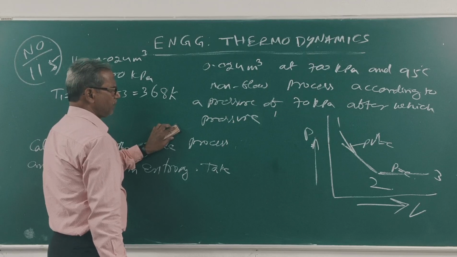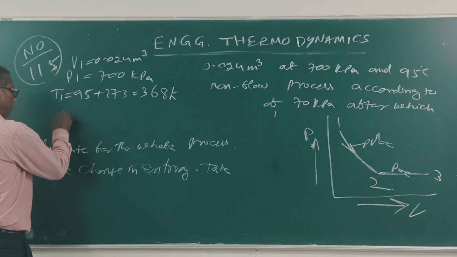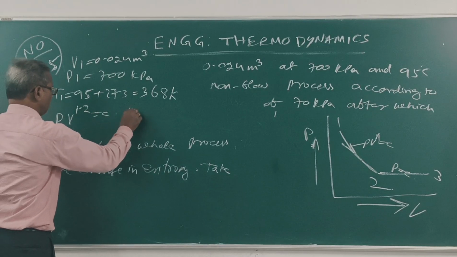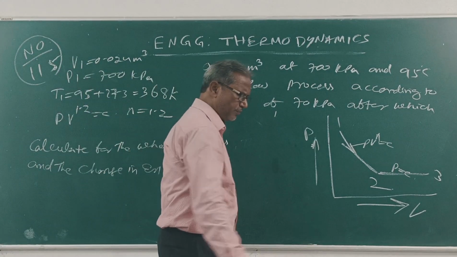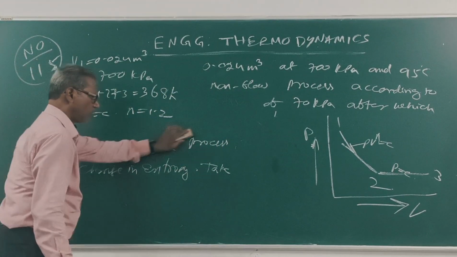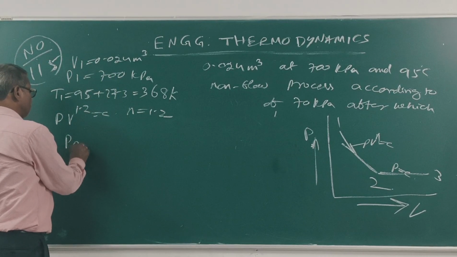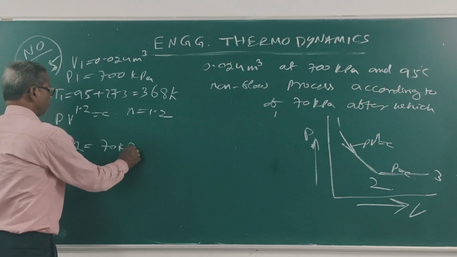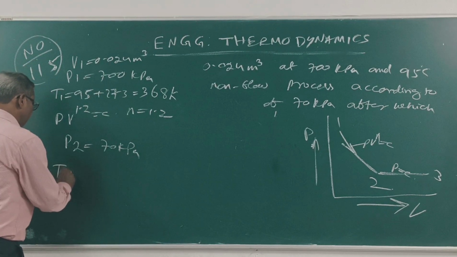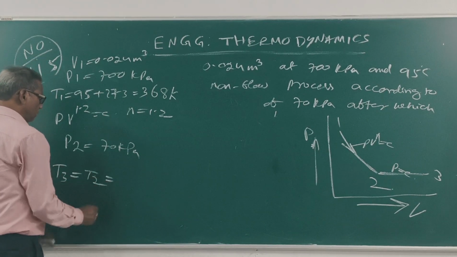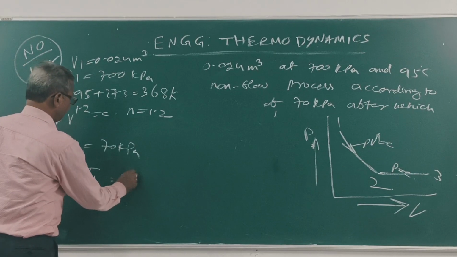According to the law, PV^1.2 constant means polytropic. PV to the power of 1.2 constant means n is equal to 1.2. P2 is equal to 70 kilopascal, and then back to initial temperature means T3 is equal to T1, 360 Kelvin.